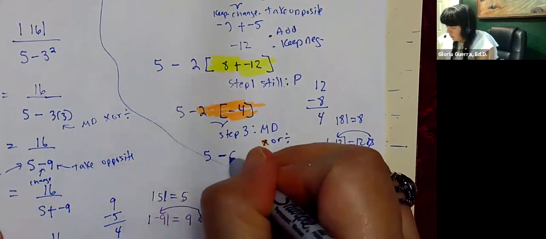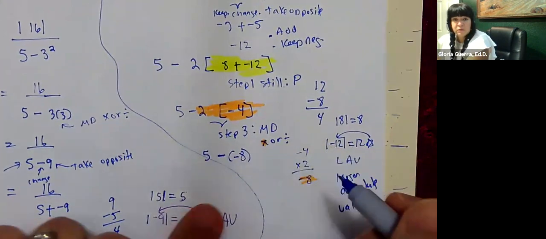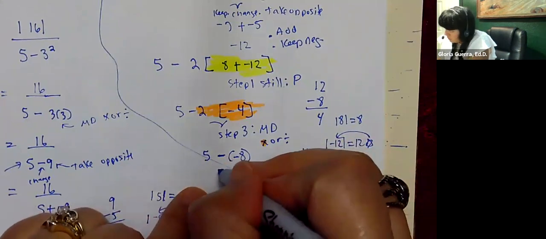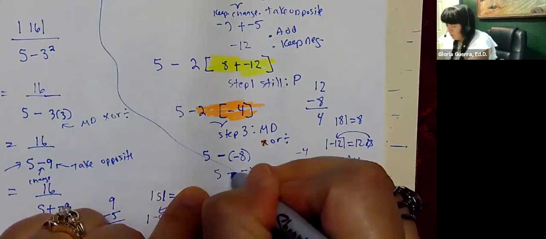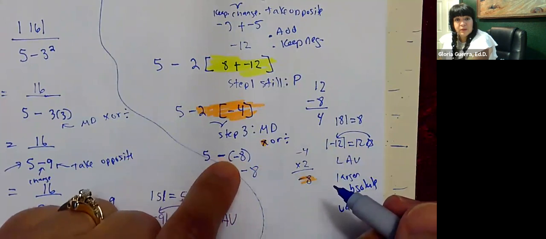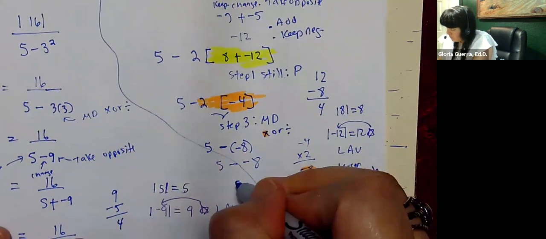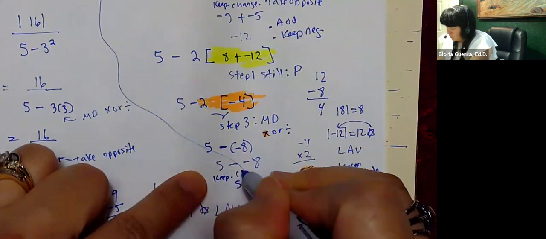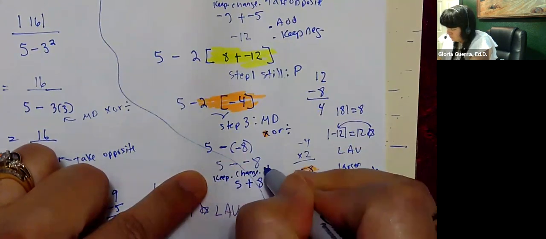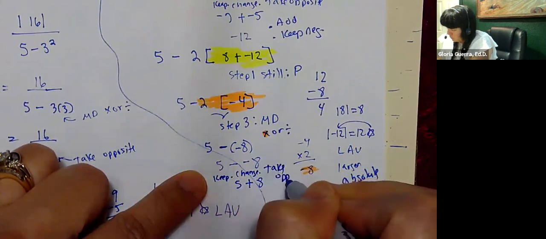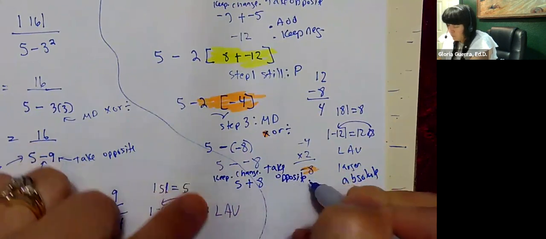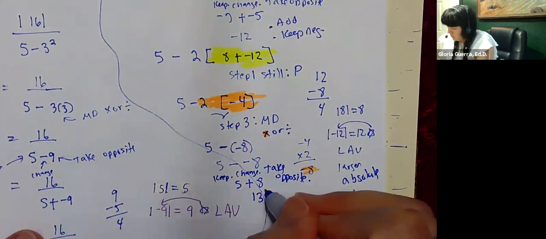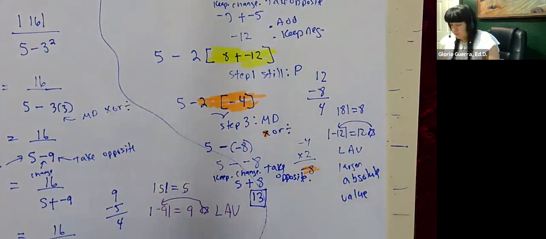And here, I think I will put the parentheses. So 5 minus the negative 8. If you don't put it, that's fine. But in math, two negatives like that gives you a positive. Keep, change, take the opposite. So that looks like 13. 8 and 5.